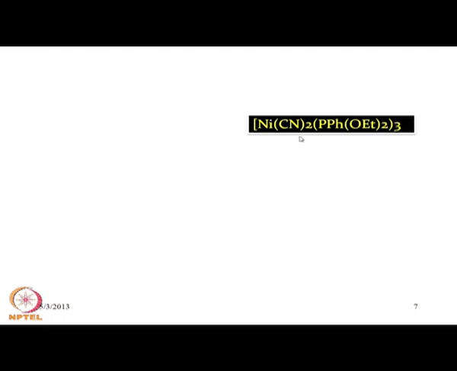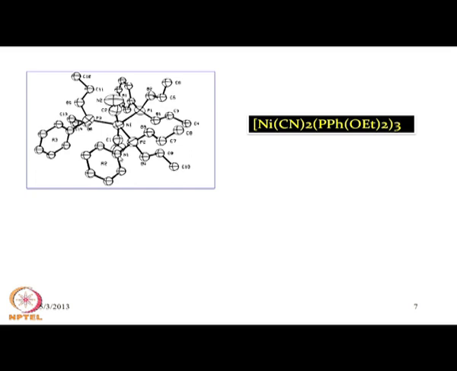Similarly, this is one more example, nickel with 2 cyanide and 3 phosphine type of ligands. So, we have the 3 triphenyl phosphine and 2 CN minus groups attaching to it. This is another example of a molecule where we have a coordination number of 5. So, it is not a typical triphenyl phosphine type of molecule, but a substituted triphenyl phosphine.